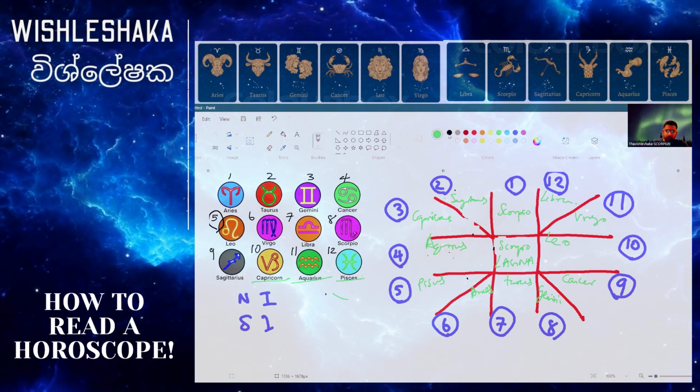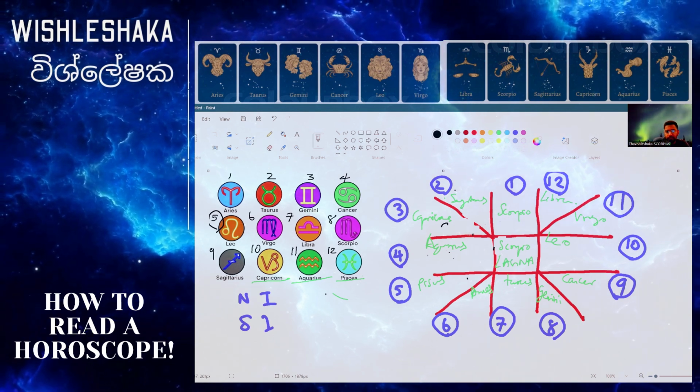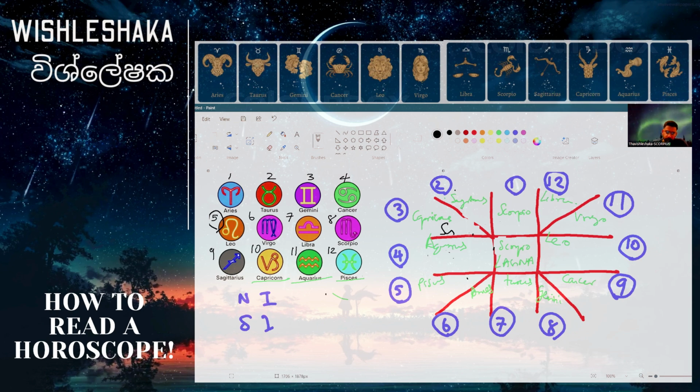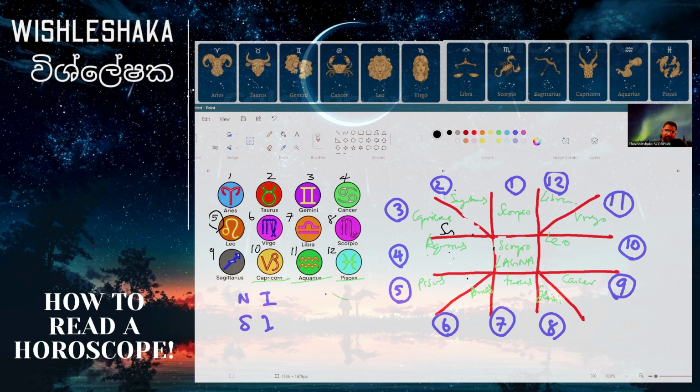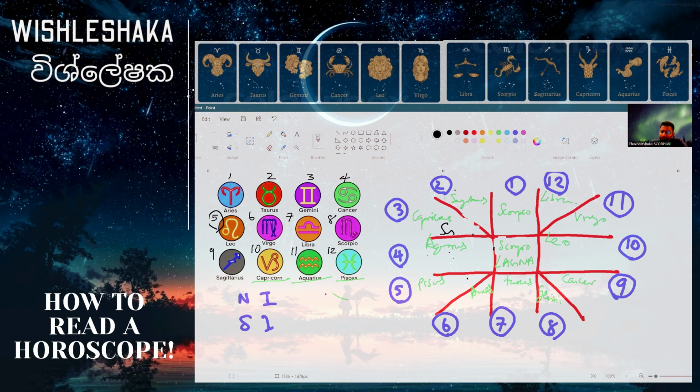Now let's put some planets in it. Let's put the Sun in the third house. So in this individual, the Sun is in the third house when he was born. How does that happen?